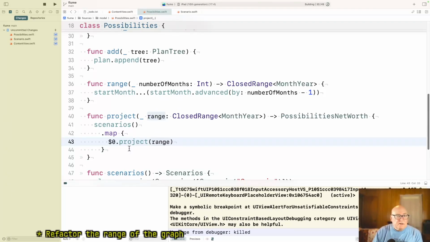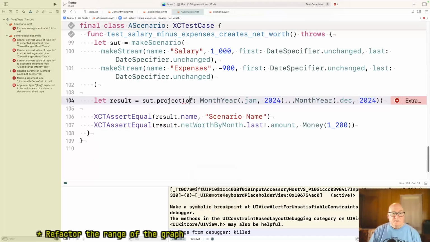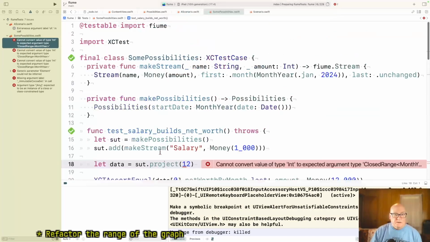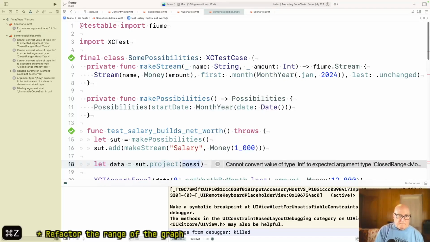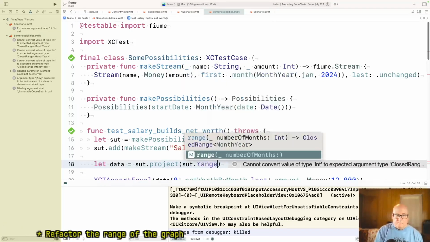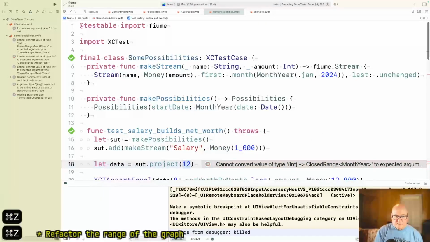This is the real place that calls it, but could be others. Should be a scenario gets a range. And I lost at 12. Yeah.